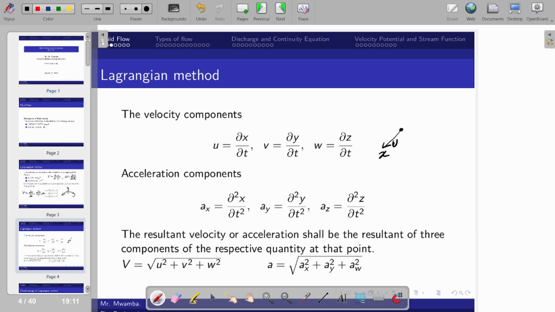Remember, this particle is in 3D. But there will also be some amount of change along the y-axis. This will give us another velocity, the v. There will also be some change along the z-axis. It can go up or down. This will be indicated by the velocity w along the z-axis, with time.